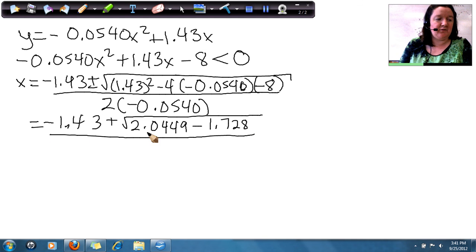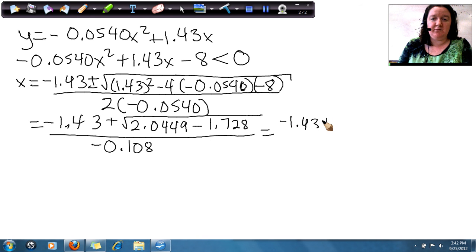And that's all over negative 0.108. So if we combine like terms underneath the square root, we're going to get negative 1.43 plus or minus the square root of 0.3169 all over negative 0.108.